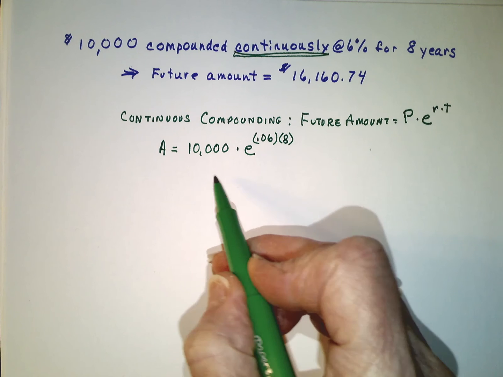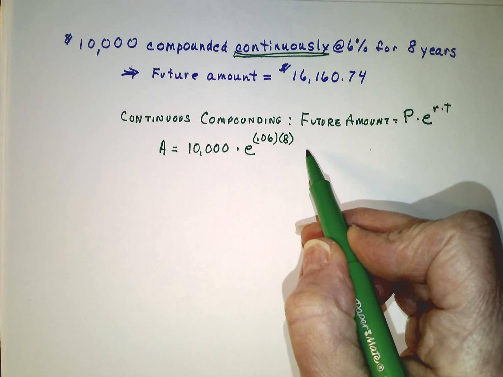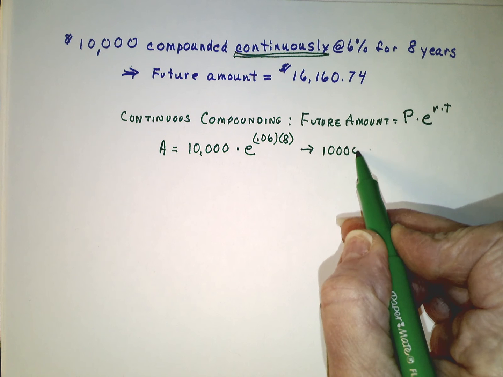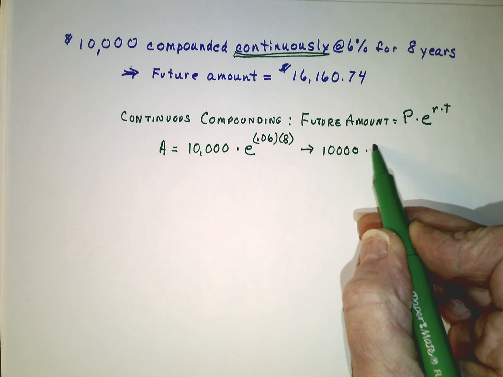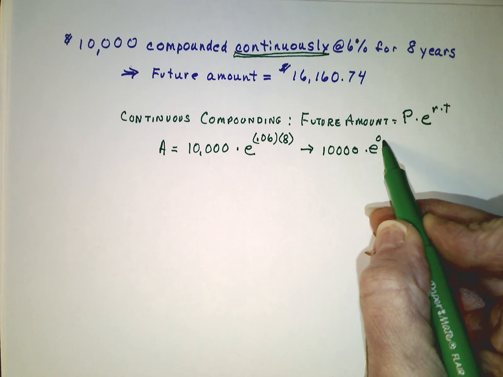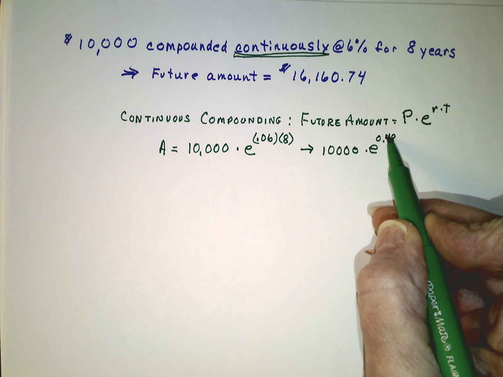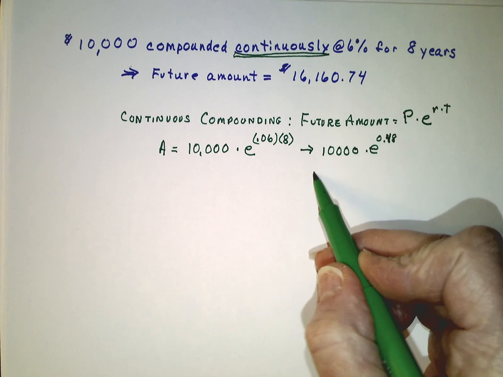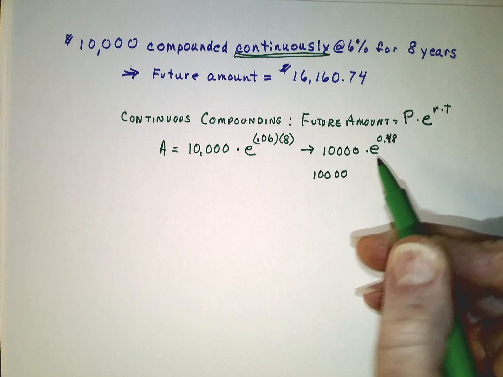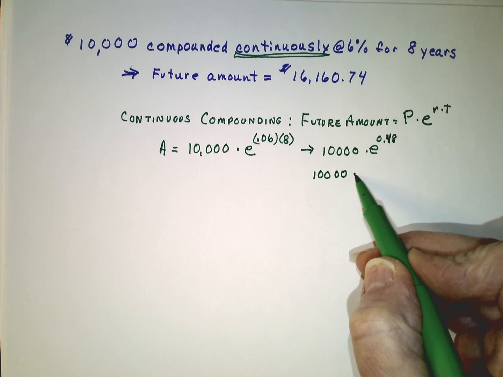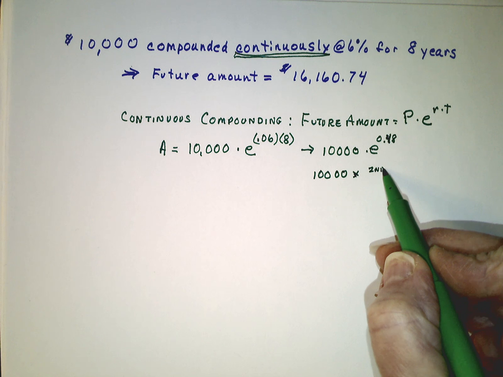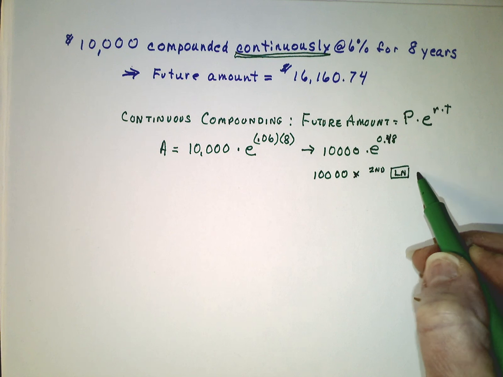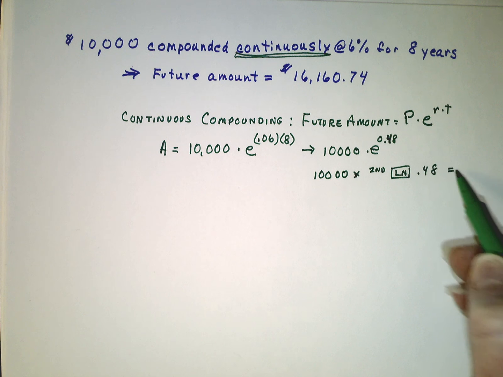Now, if you're doing this in your head, you could rewrite that as 10,000 times e to the 0.48, and then enter it in the calculator as 10,000 times second ln and 0.48 equals.